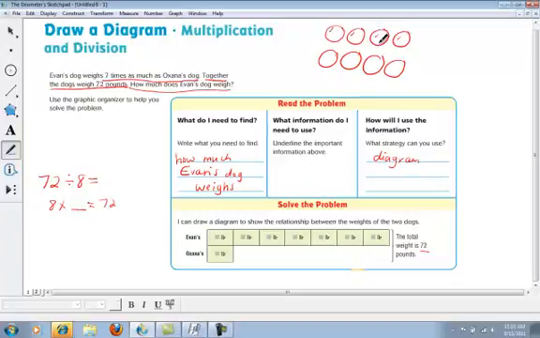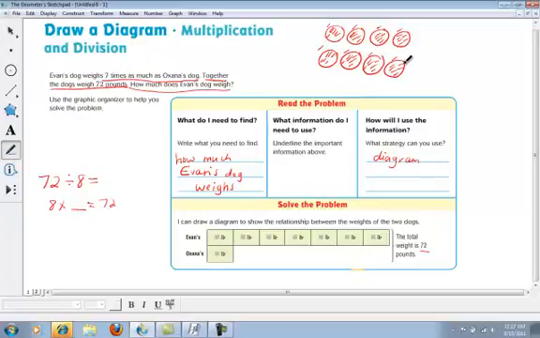1, 2, 3, 4, 5, 6, 7, 8, 9, 10, and so on, counting up through 56.